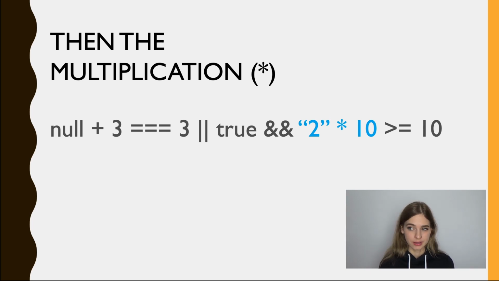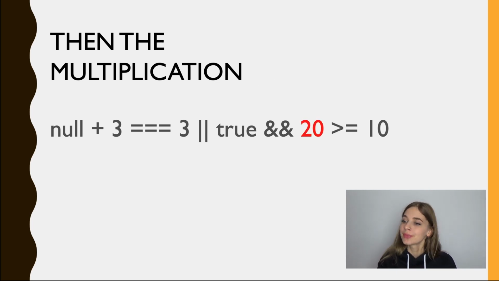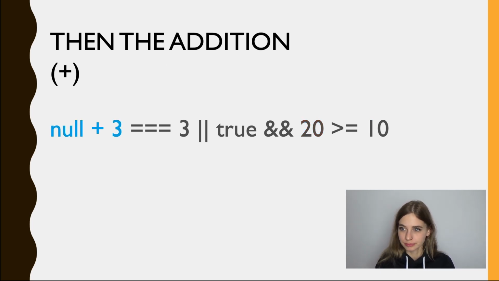So now it's going to be 2 times 10, and we know 2 times 10 is 20. And so it's 20. What comes after the multiplication?